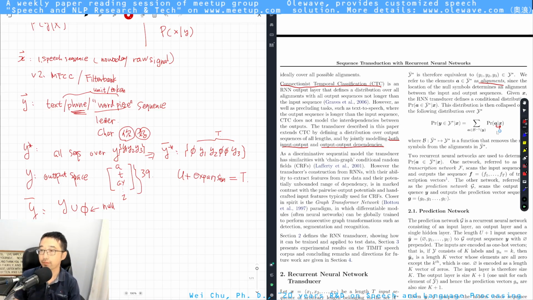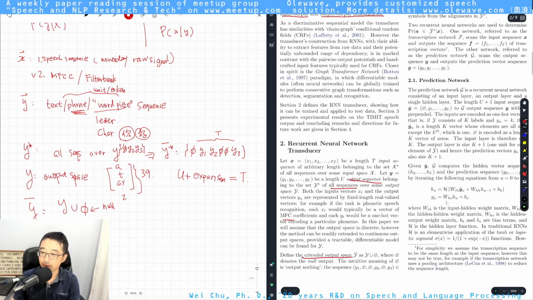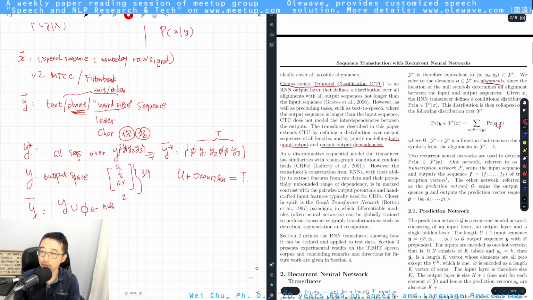But what do you see the problem is? Calculating this is almost impossible. There are tons of alignments. How do you calculate the probability of the alignment given X, and how do you count all the probabilities of these?